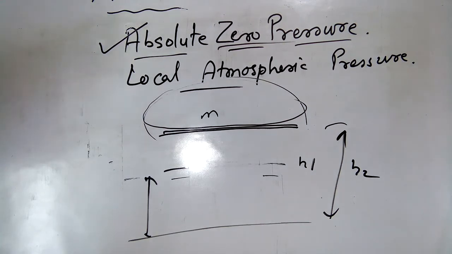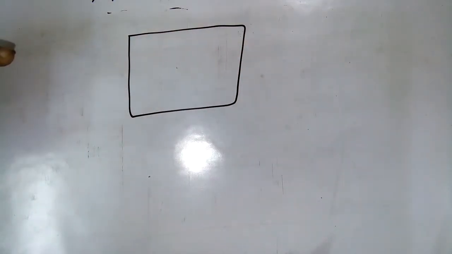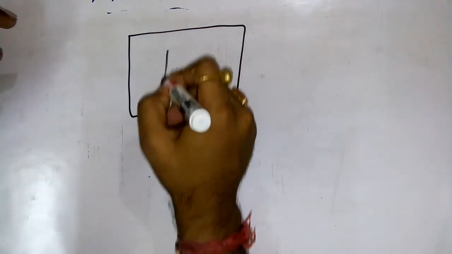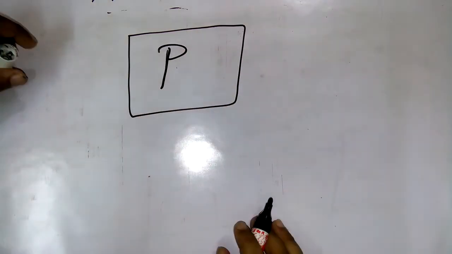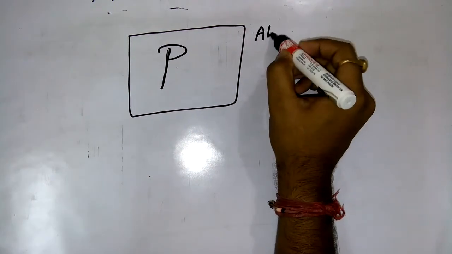Now we want to understand two important aspects, that is the absolute pressure and the gauge pressure. Suppose there is a system, it has got some pressure P, then what is the absolute pressure?